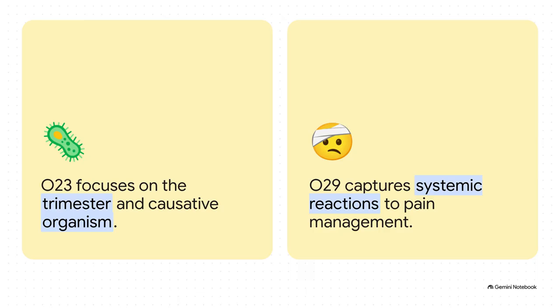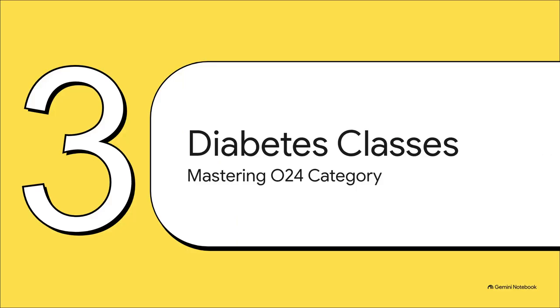But then, look at the O29 category. The focus shifts entirely. This block captures systemic reactions to pain management, like anesthesia complications. So, if a patient develops a post-spinal or post-epidural headache, you're focusing on the nervous system effect rather than the trimester.